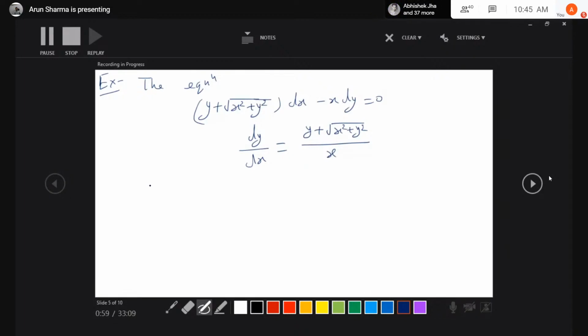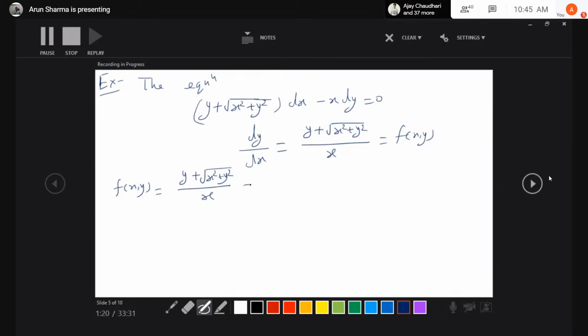So this function is f of x y basically. So y plus square root x square plus y square upon x.